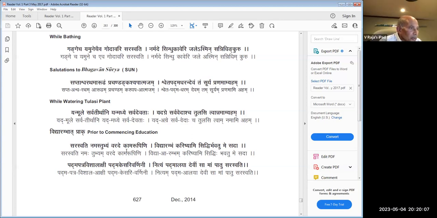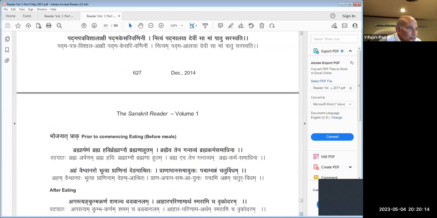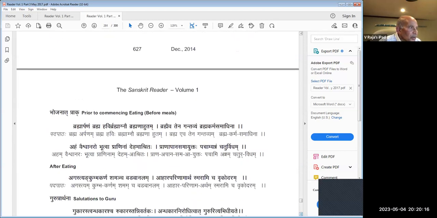Then there is another sloka. Before we eat food, after we finish our prayer, before we go to eating, you chant these two slokas.